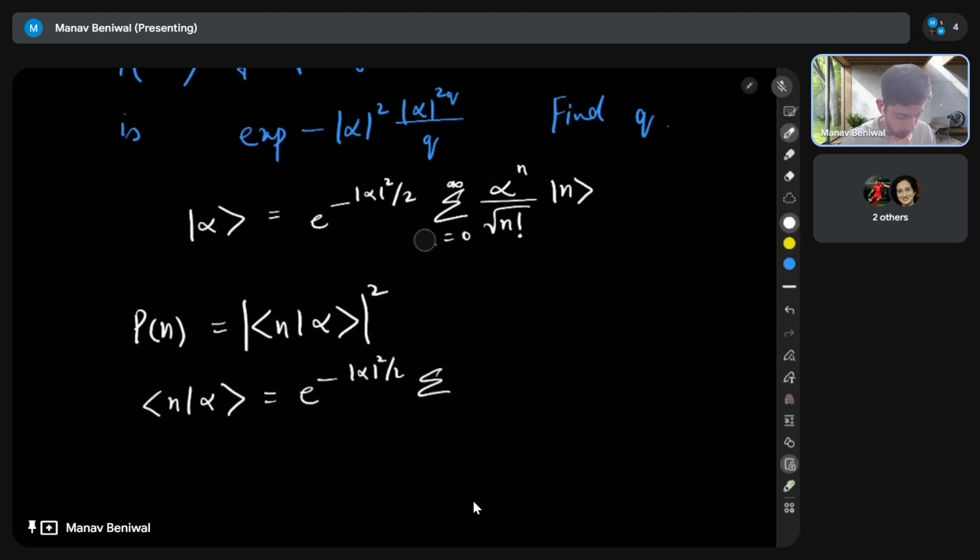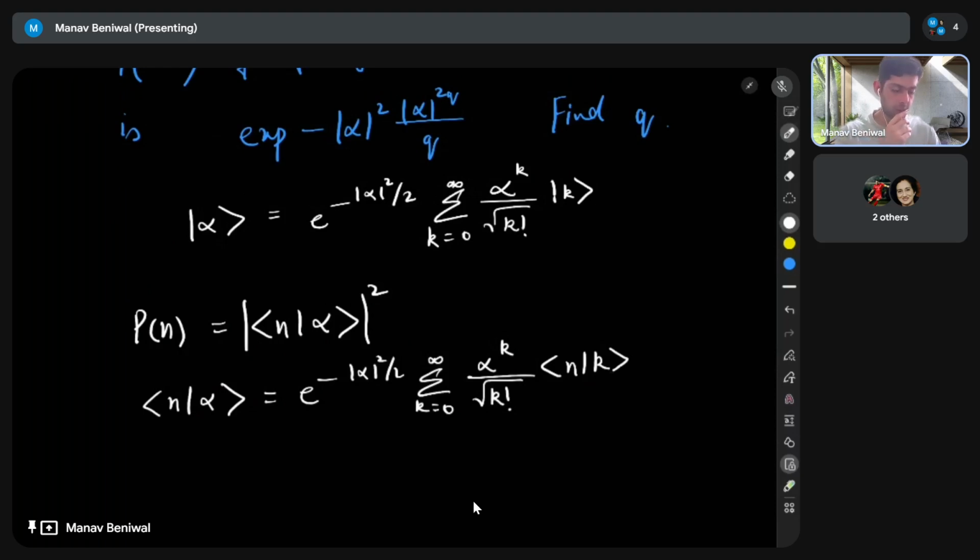I think I should write this as, instead of n, let's write it as k, because it's just any integer which goes from 0 to infinity. So here we will have k going from 0 to infinity, alpha to the k over under root k factorial, and then the inner product of n with k.